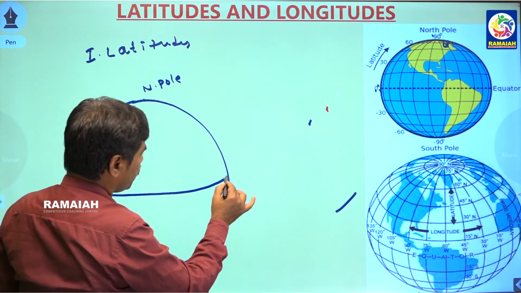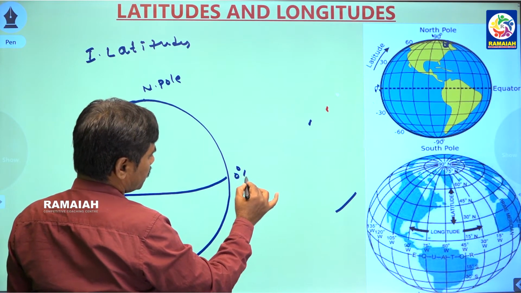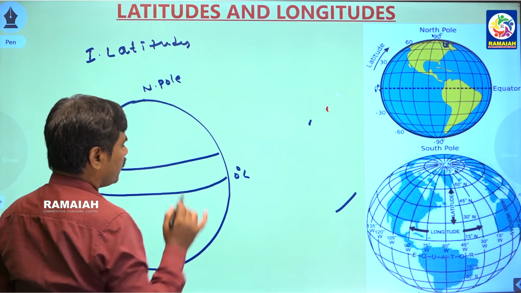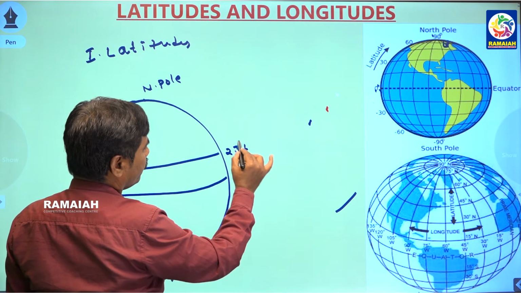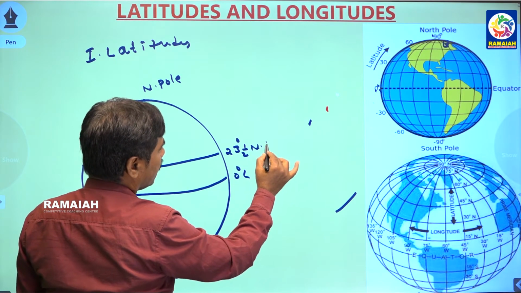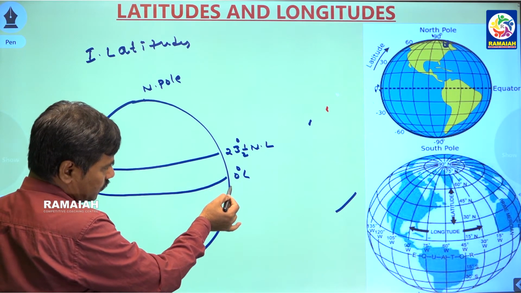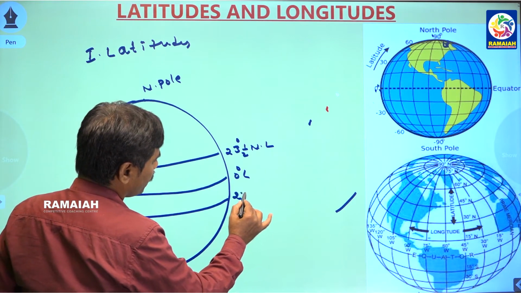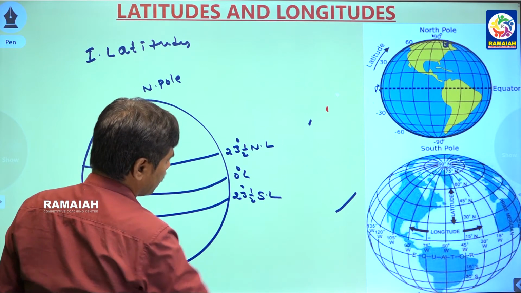This is one of the important latitudes, which is called the 0 degree latitude, and also one more important latitude, this is called the 23½ degree north latitude, and also the 23½ degree in the Southern Hemisphere. This is also one of the important latitudes. This is the south latitude.